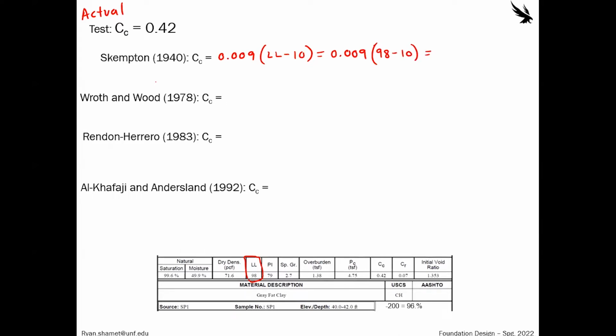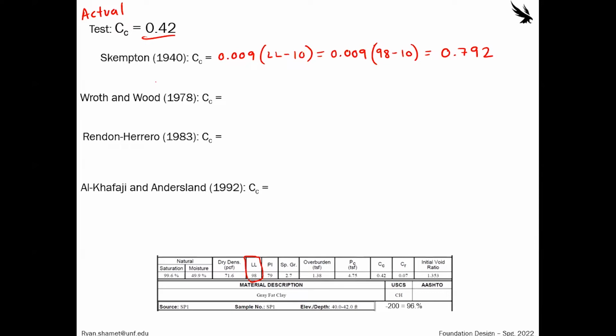And that equals about 0.792. So 0.792 compared to 0.42. And this is a common correlation that is used, and some people may just use blindly, right? But we can see right off the bat, these values are really different.